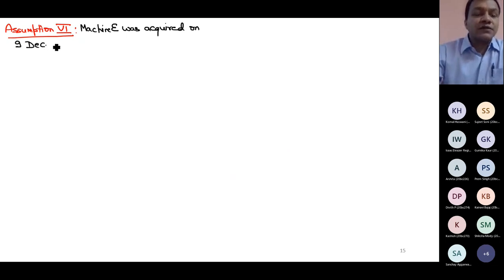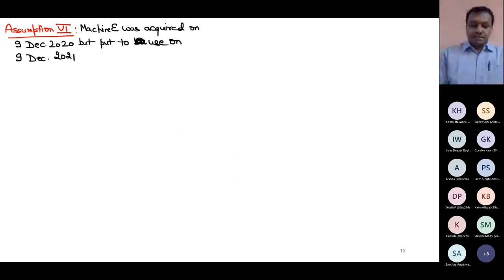In the original example, it was used on 9th December 20 itself, but now it is put to use on 9th December 2021. Can you now tell me the answer? Think logically.